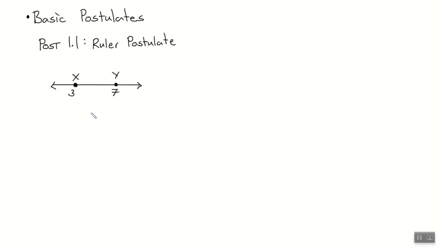So what this ruler postulate tells us right off the bat is, from this postulate, any number that exists has a unique spot on a number line.